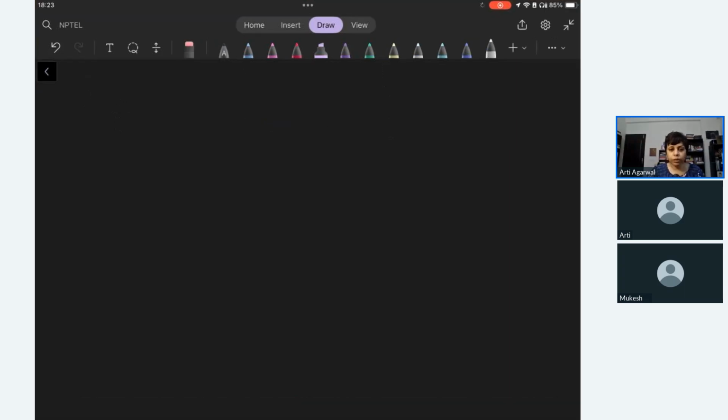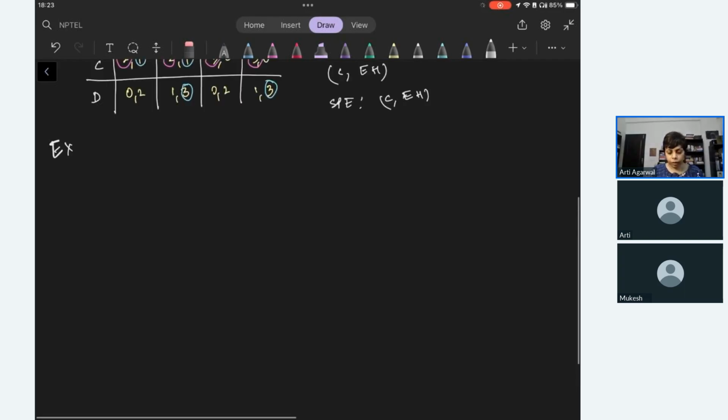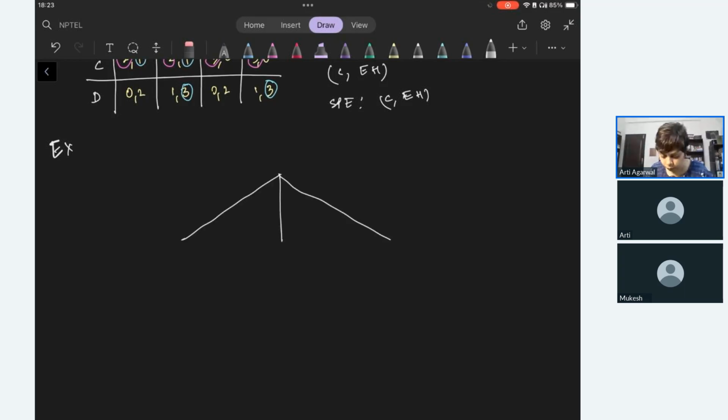Okay, so this question is also from Martin Osborne's book, and I've just taken it as is. Let me just draw this first. 1 is acting here, and at these three nodes, player 2 is taking the decision.